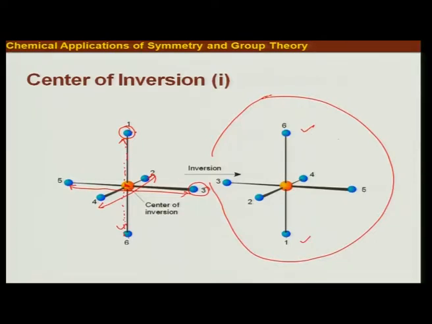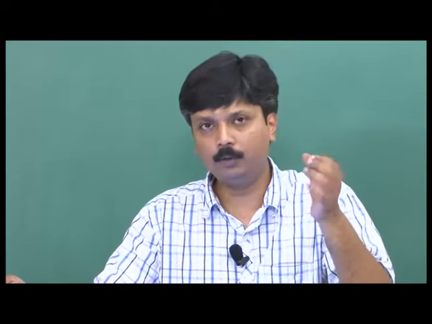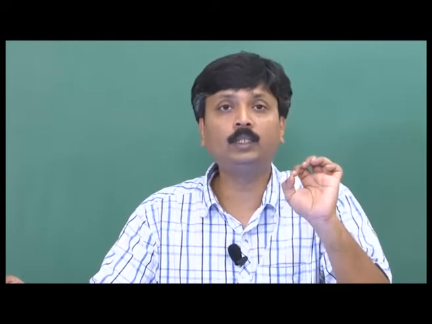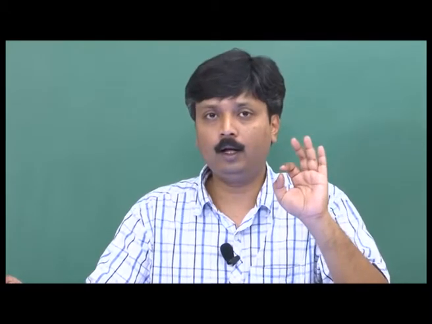So knowing this, we should be able to write the structure of any molecule after operating inversion symmetry operation, if the molecule possesses a center of inversion. You cannot operate any symmetry operation on a molecule which doesn't have it, right?